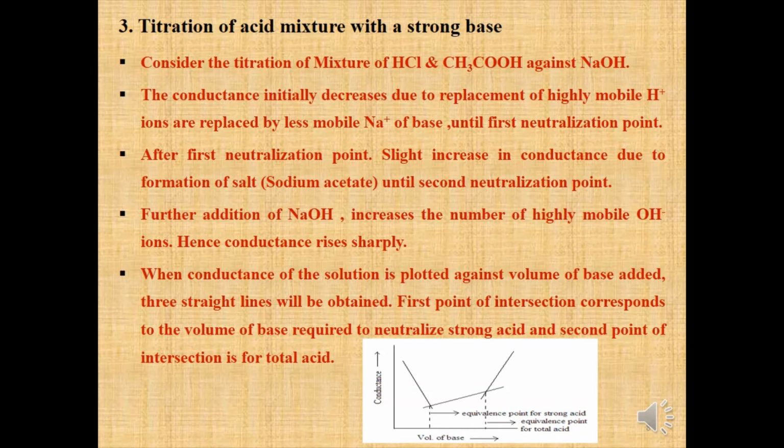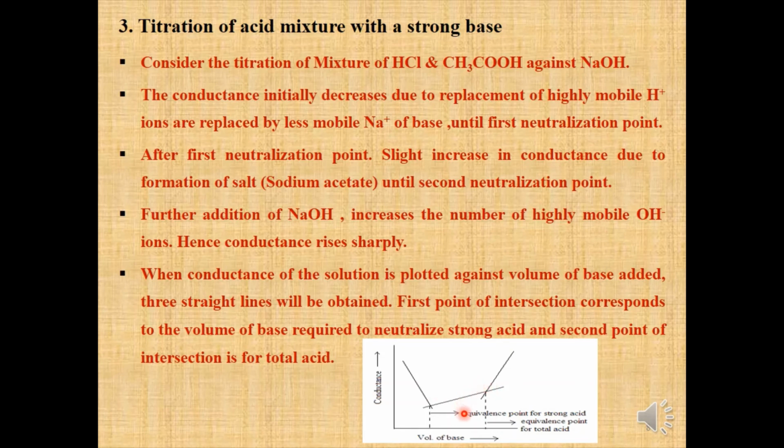Further addition of sodium hydroxide increases the number of highly mobile OH minus ion, hence conductance rises sharply. When conductance of the solution is plotted against volume of the base added, three straight lines are obtained. The first point of intersection corresponds to the volume of base required to neutralize strong acid. The second point corresponds to the volume of base required to neutralize total acid.